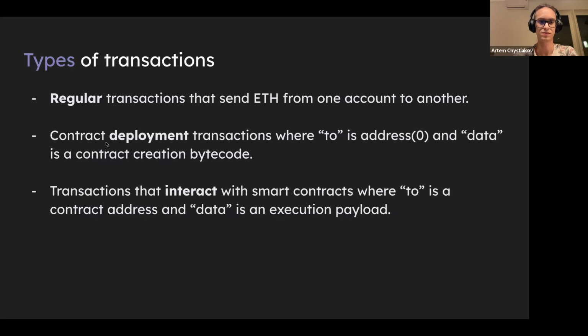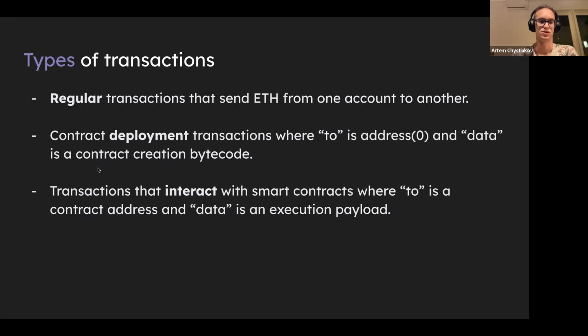Then there is a special deployment transaction where the to field of the transaction body is set to address 0, and a special data field is supplied with the smart contract creation bytecode.